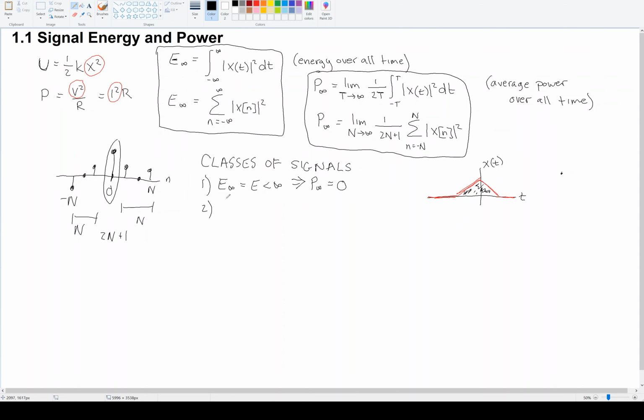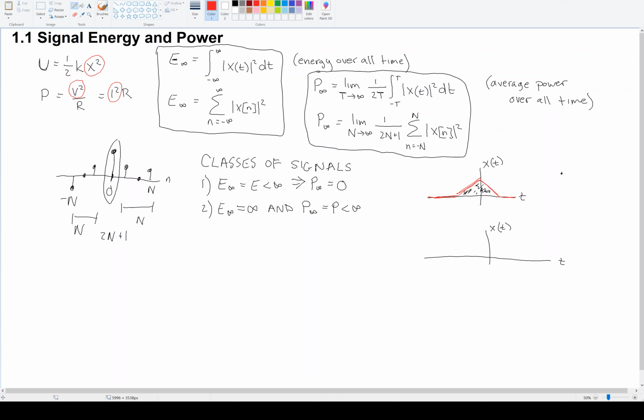Another type of signal is when the energy is infinite and the power is finite. We'll call that P. Okay, let me give you an example there. A DC signal.